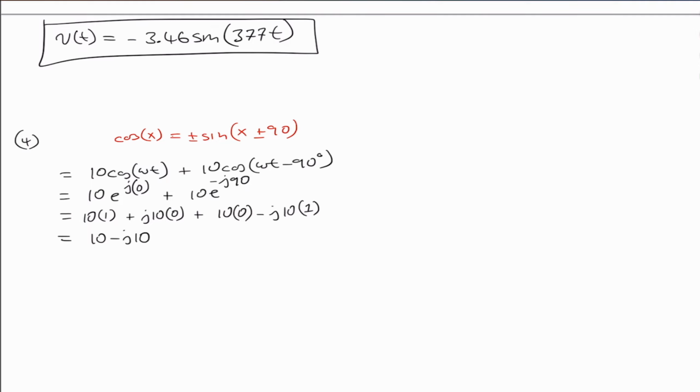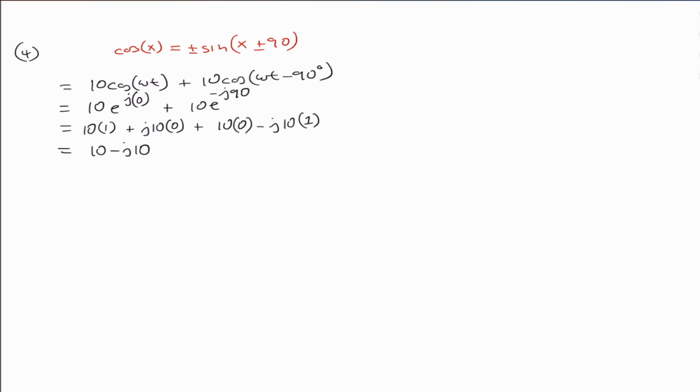Here we have our expression in rectangular form. We apply the complex algebra identities to get to the polar form. In polar form, that equals 10 times the square root of 2 times the complex exponential e to the j minus 45.